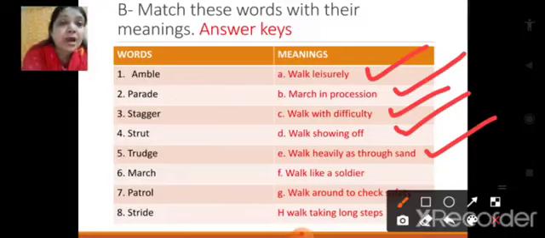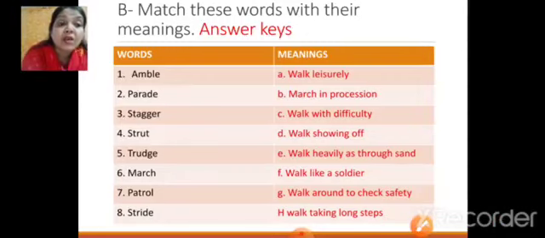Next, march. That means walk like a soldier. Next, patrol. That means walk around to check safety. Next, stride means walk taking long steps. So yes children, now these are all the correct answers for the given words.